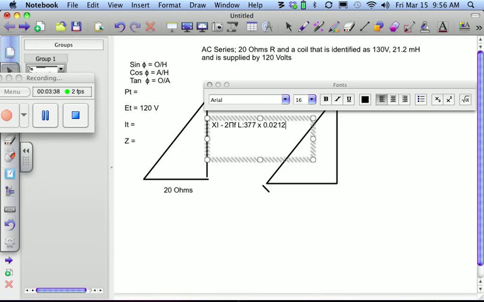I'm hoping that 0.0212 times 377 is what? 377 times 0.0212 is equal to 7.999. Okay.